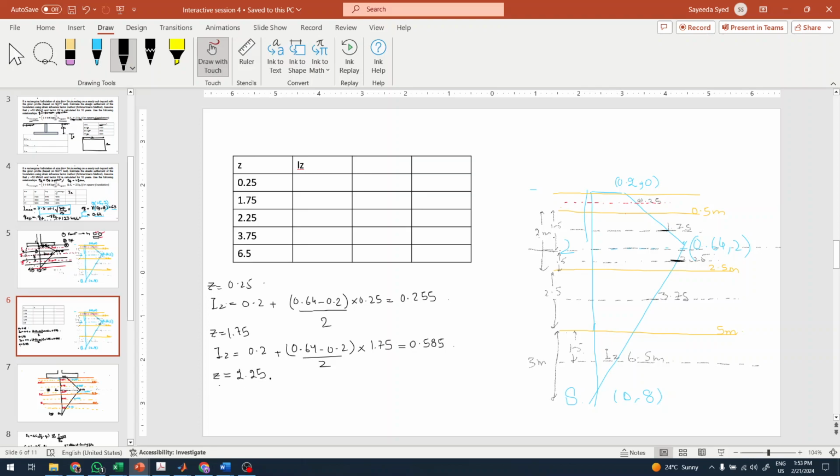It will be Iz equals 0.64 minus 0.64 by 6 into (2.25 minus 2). So this comes out to be 0.6133.